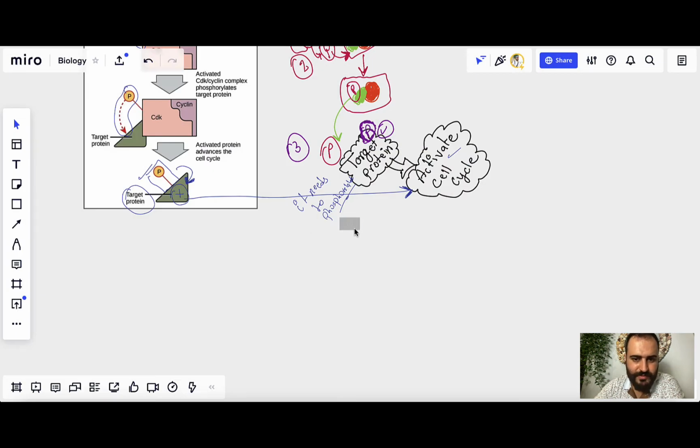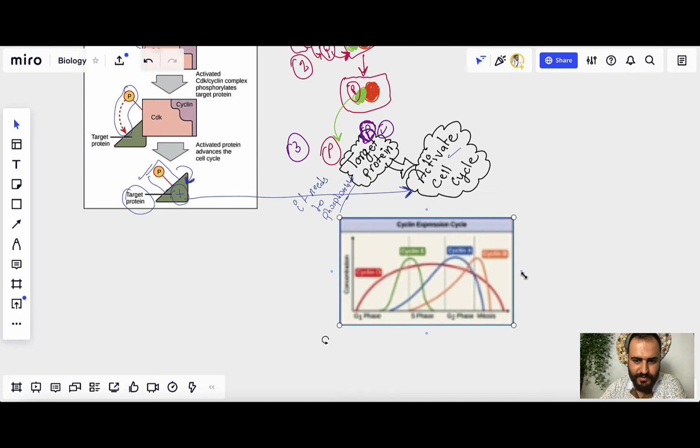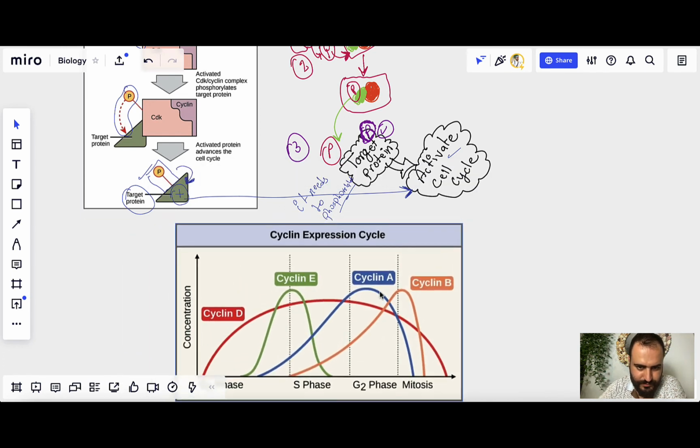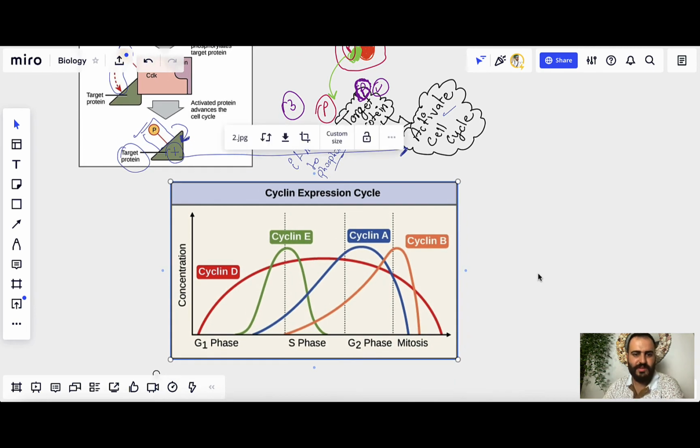So there are four identified types of cyclins: cyclin D, E, A, and B, and they work at different levels. For example, cyclin D is activated during G1, S, and G2, and even in mitosis.